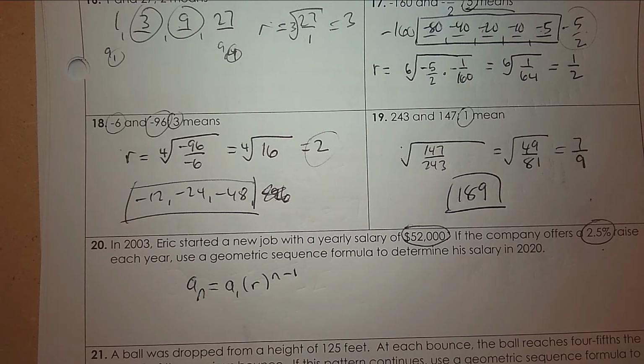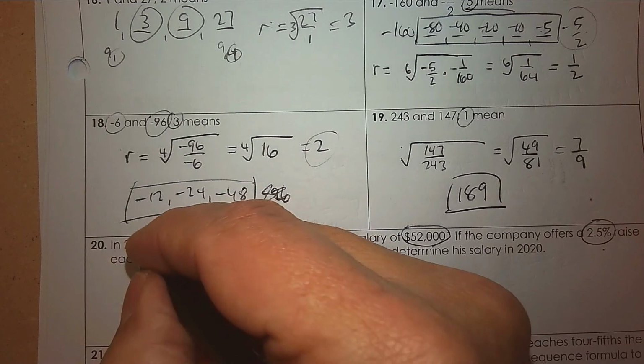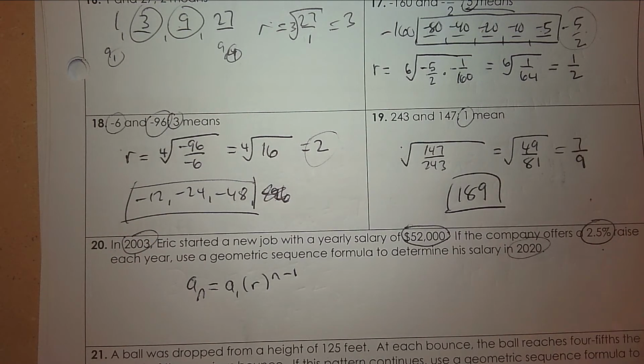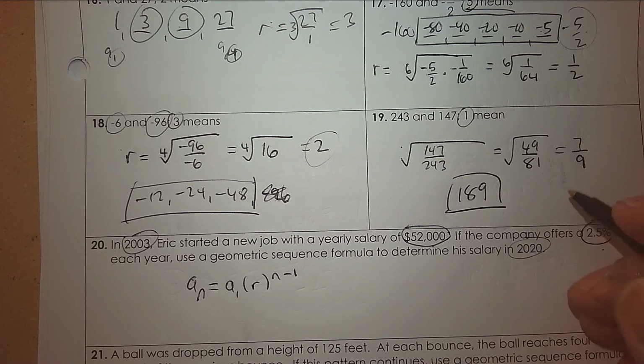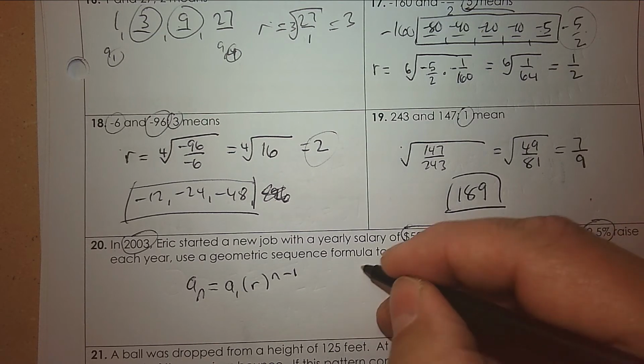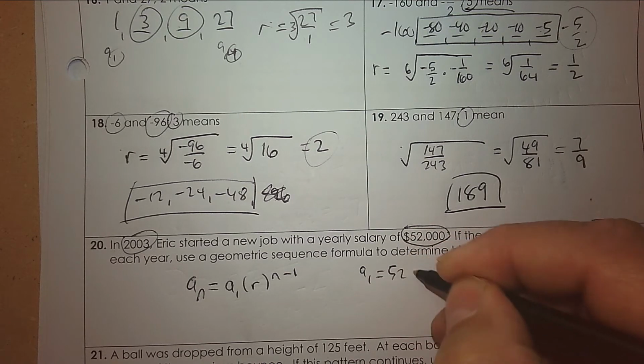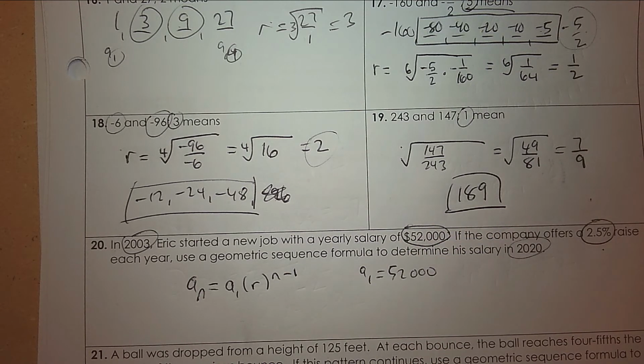What we're trying to do is, we started in 2003, so in 2020, how many years has gone by? Well, let's start here. A1 is 52,000.